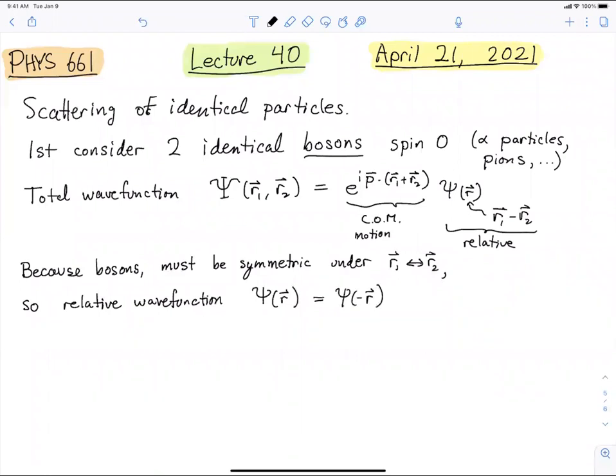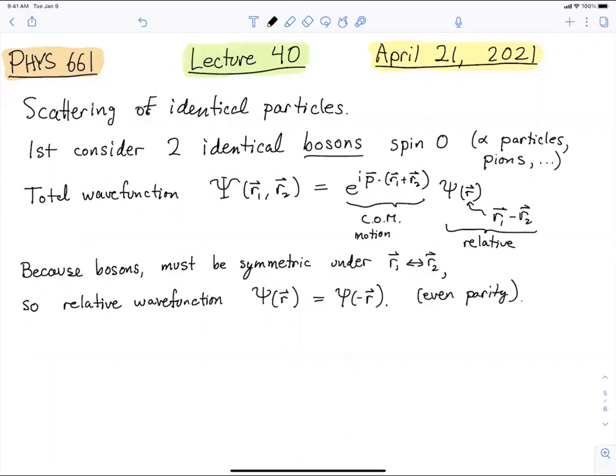Because replacing r by minus r is the same thing as interchanging the coordinates of the two particles. So that means this thing has even parity. That's the definition of even parity.